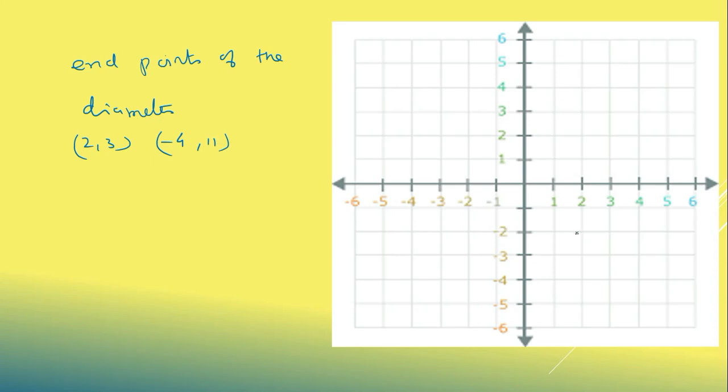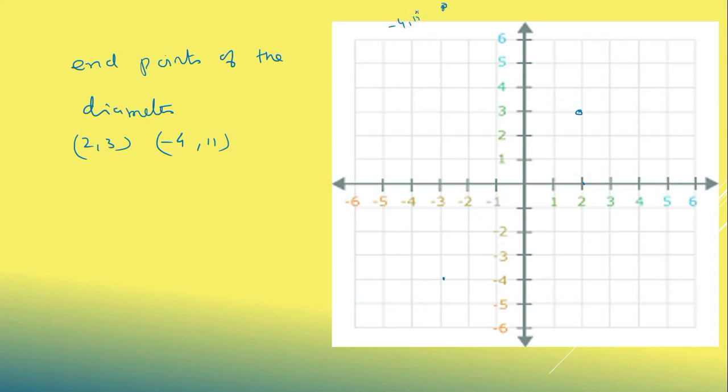Where are those points? 2, 3: x is 2, y is 3, it is here. Minus 4, 11: x is minus 4, y is 11. 11 is far away, somewhere here.